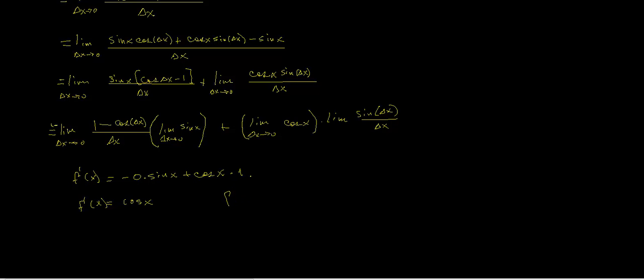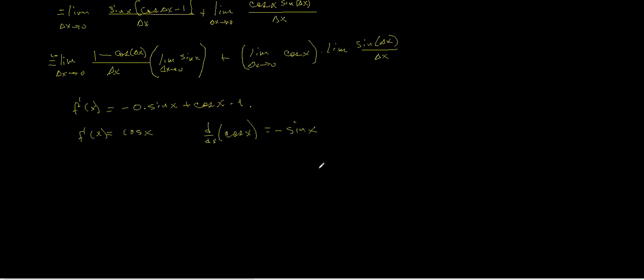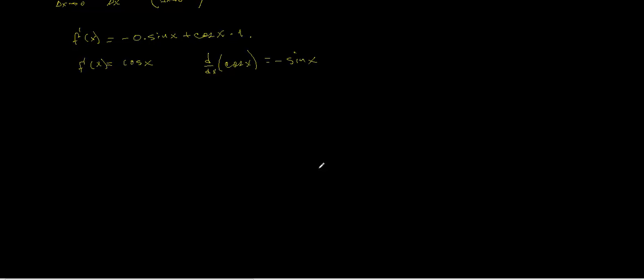We can say that the derivative of the cosine of x is actually minus the sine of x. And the proof is very similar. In fact, you use almost the same expressions, and you can prove this on your own. But now you have the freedom to use these two expressions to find other derivatives.